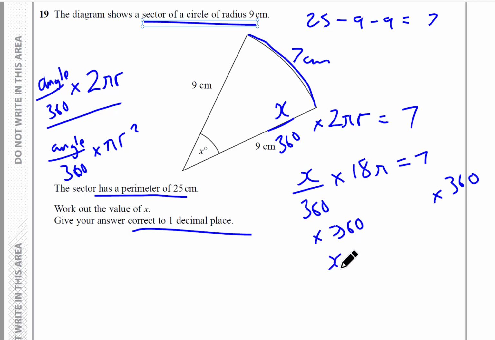So we're going to get essentially 18x pi equals 7 times 360, which is 2520, and let's divide that out by 18 pi to get x.